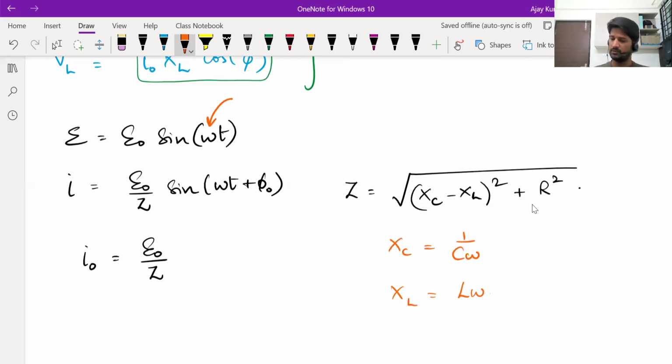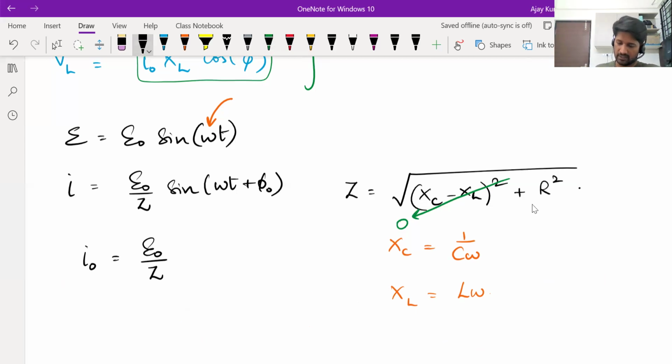Now what happens if XC becomes equal to XL? This bracket becomes 0. And if this bracket is 0, Z will be equal to R. That is the least possible value of impedance.